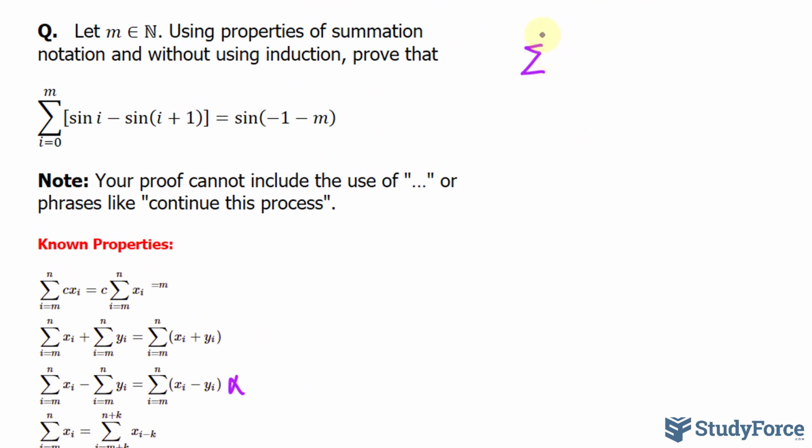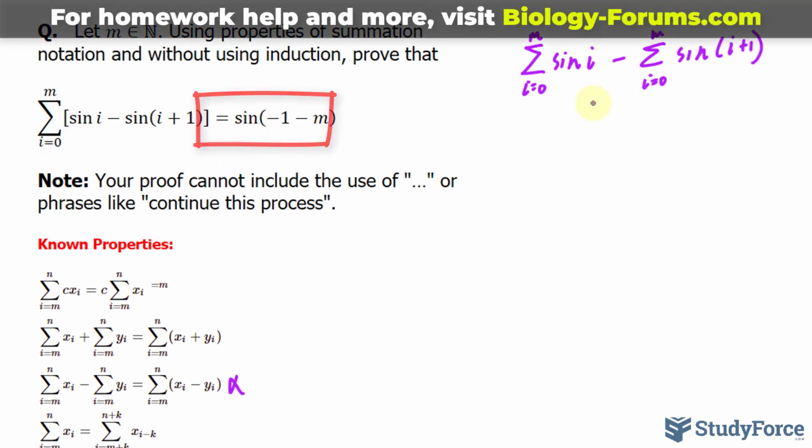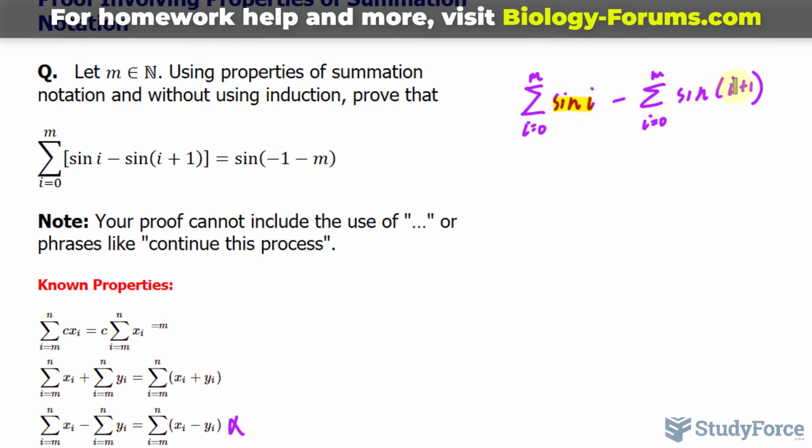We have the sum where the index starts at 0 to an upper bound of m of sine i, minus, we'll open up another sum with the same bounds for sine i plus 1. Remember, we're only working with the left side and we want to transform that to look like the right side.